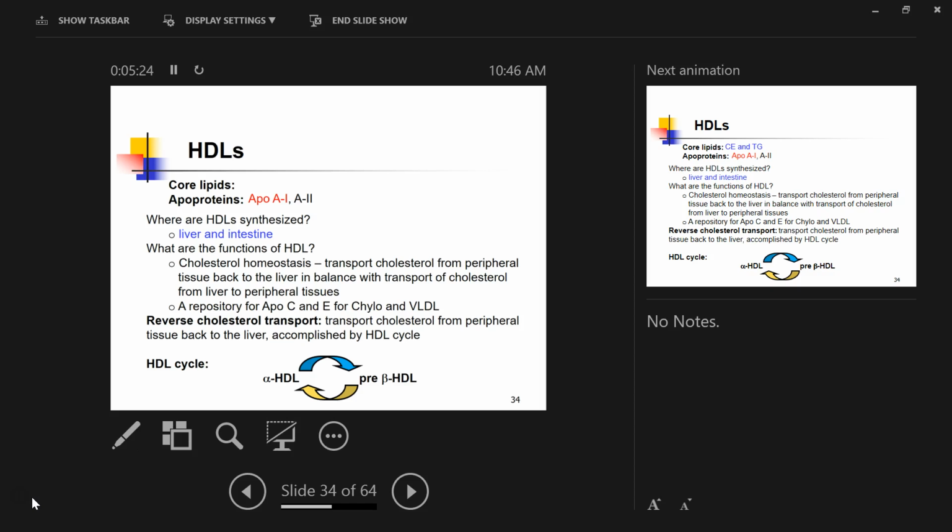So both HDL and LDL are cholesterol-rich lipoproteins, right? That means most of the core lipids are cholesterol esters. Obviously, these two lipoproteins, HDL and LDL, basically deal with cholesterol metabolism, right?